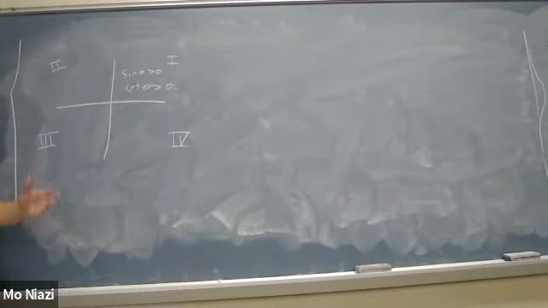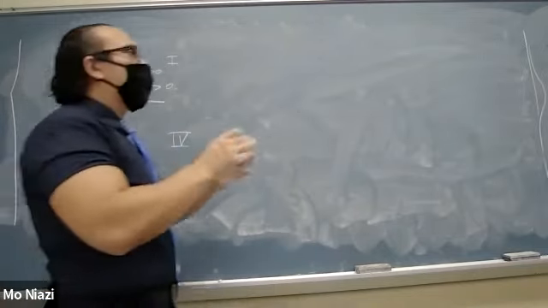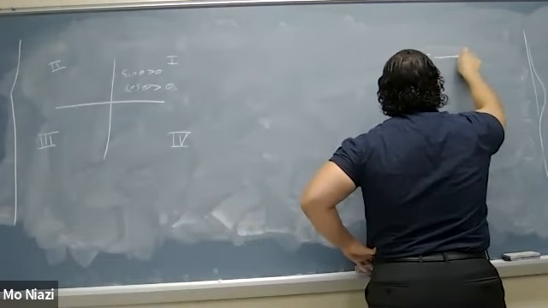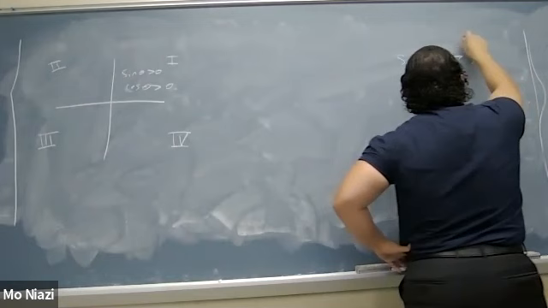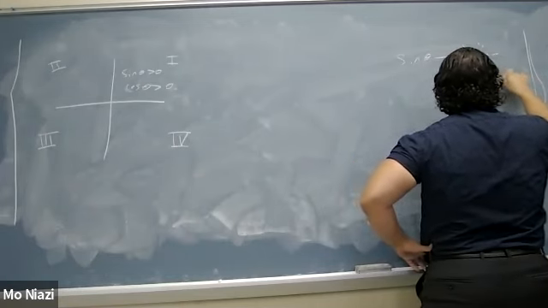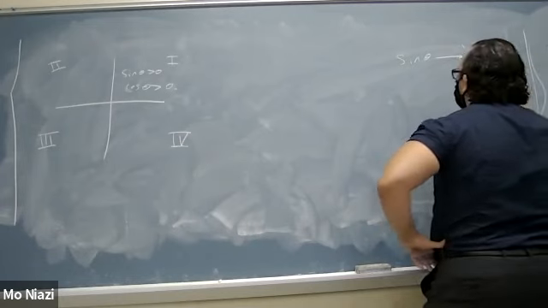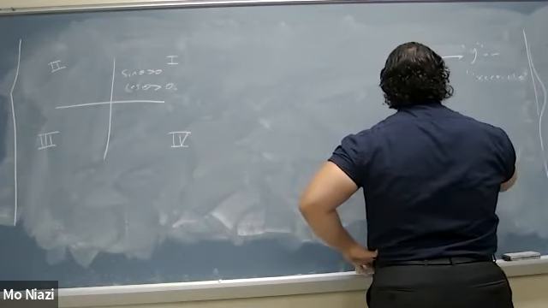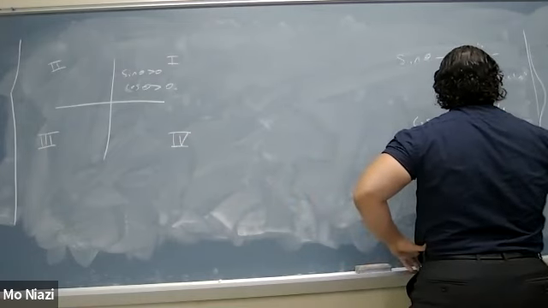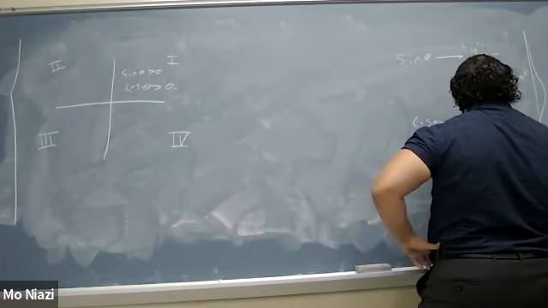Right? Because every time you think of sine of theta, I want you to think of y, or vertical. And every time you think of cosine of theta, I want you to think x, or horizontal.